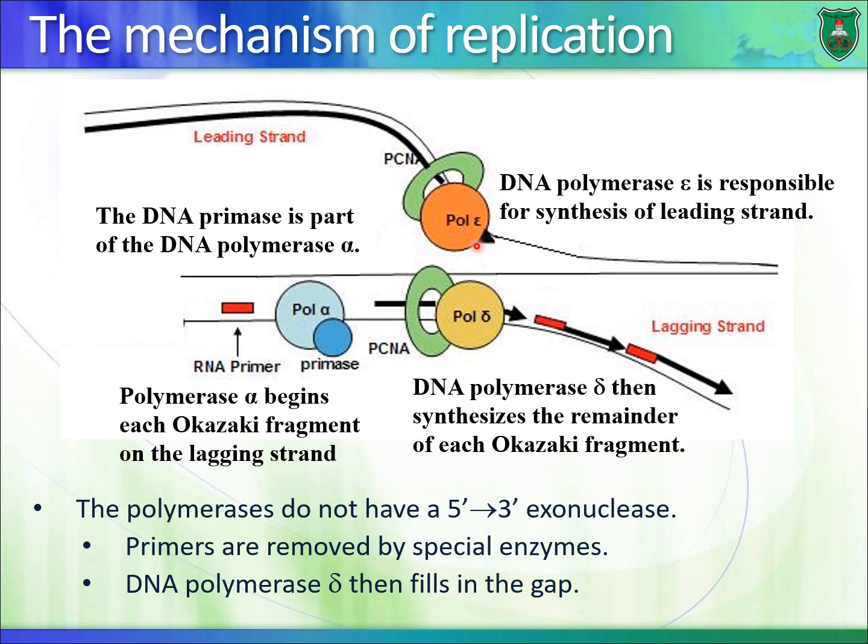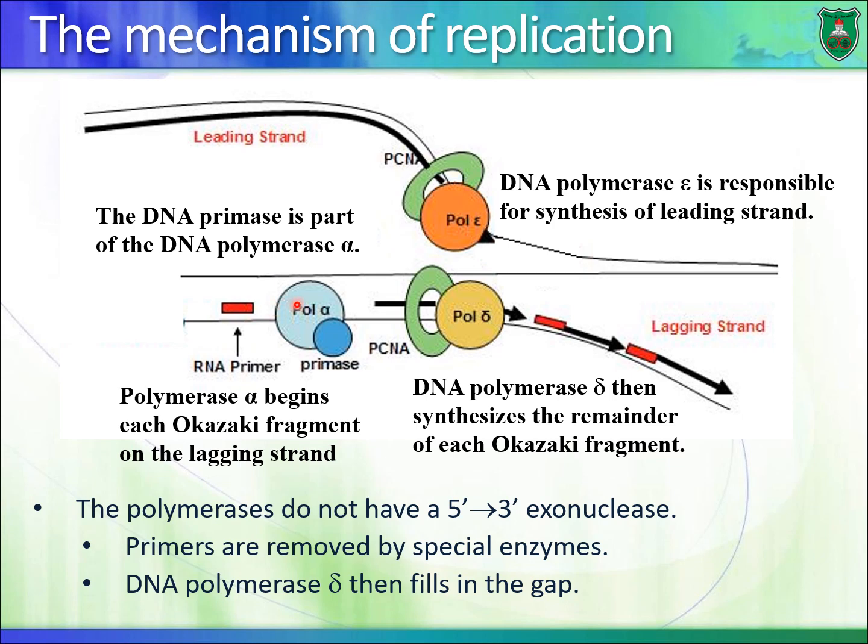So specifically, DNA polymerase epsilon is responsible for synthesizing the leading strand. Okay, now DNA polymerase alpha, as I said, is associated with a DNA primase. So the primase creates the RNA primer, and the polymerase starts synthesizing the Okazaki fragment.